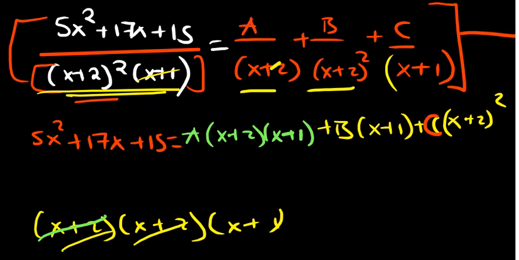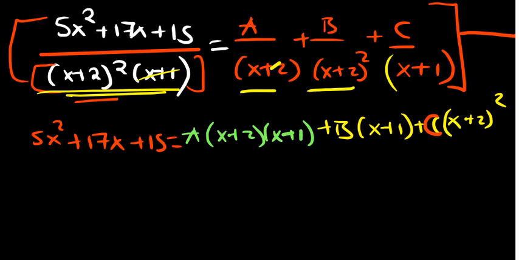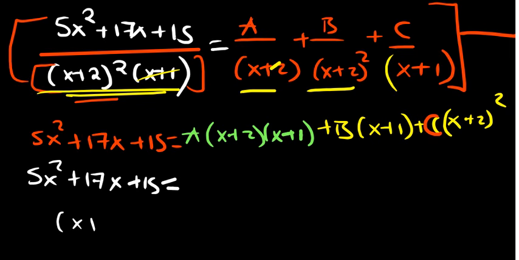Now that we have that, in this case where you have such a polynomial, it's very important that you expand everything. So we have 5x squared plus 17x plus 15 being equal to, so what do you get if you expand x plus 2 being multiplied by x plus 1?